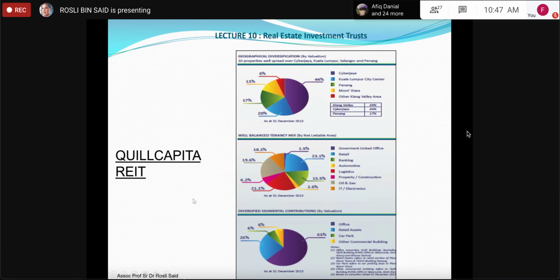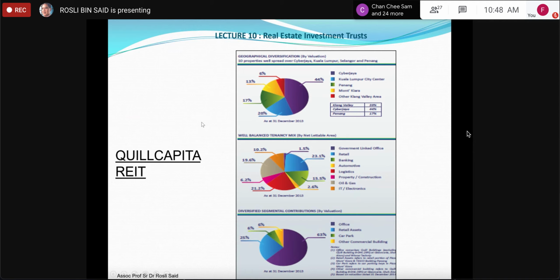And then Capital REIT, RCB. In terms of location, they have Cyberjaya, Kuala Lumpur, Penang, Mont Kiara, the Klang Valley area. In terms of tenancy mix, they have government-linked offices, retail, banking, automotive, logistics, etc. And then diversified segmental contribution: office, retail, car parks, other commercial buildings.